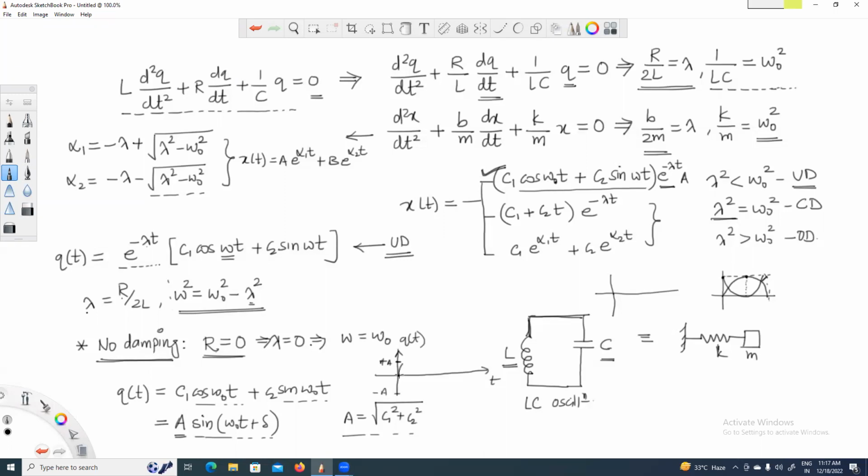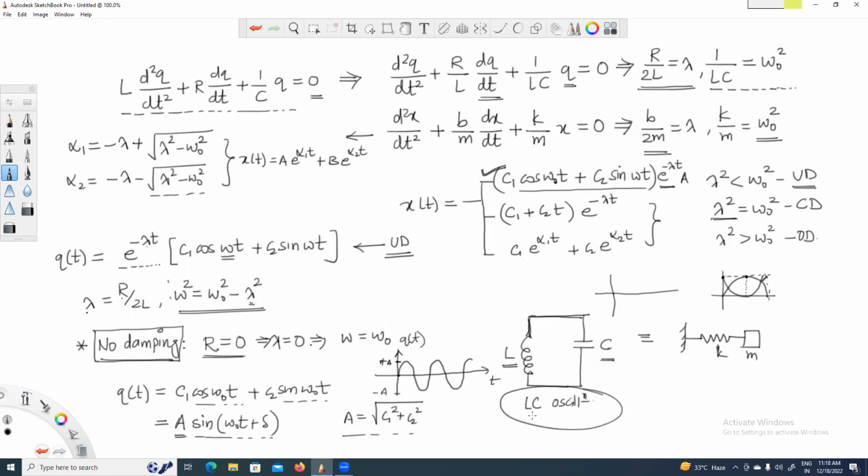It will keep oscillating between plus A, minus A, plus A, minus A. And remember, there is no decaying term here, so it will keep oscillating between the same limits. That's why when you don't have damping in your system, your energy remains constant. Your energy is not going to dissipate at all.